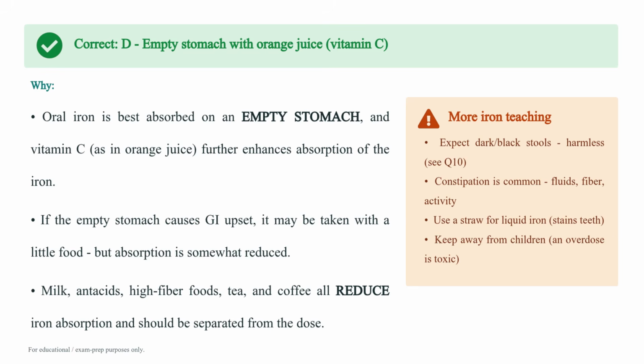Milk, antacids, high-fiber foods, tea, and coffee all reduce iron absorption and should be separated from the dose. A few more teaching points. Expect dark or black stools, which are harmless. Constipation is common, so encourage fluids, fiber, and activity. Use a straw for liquid iron because it stains teeth. And keep iron away from children because overdose is toxic.